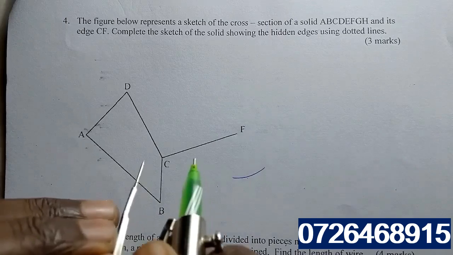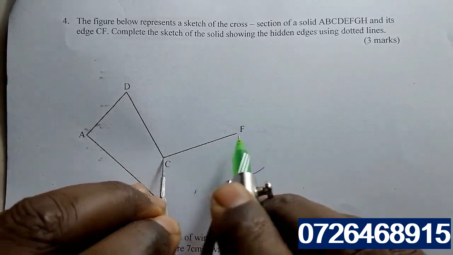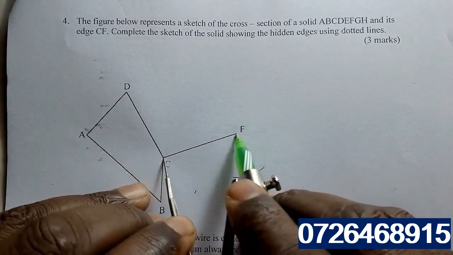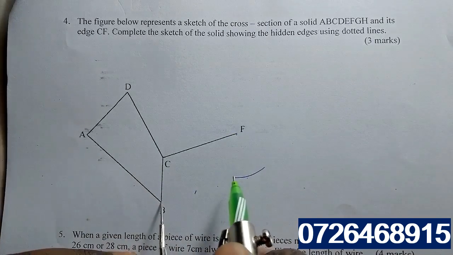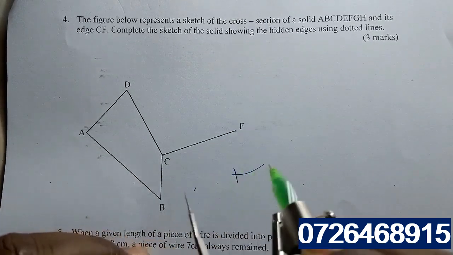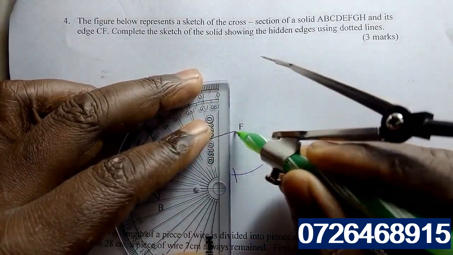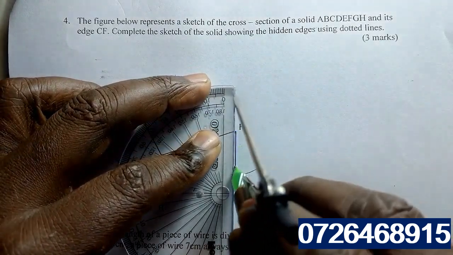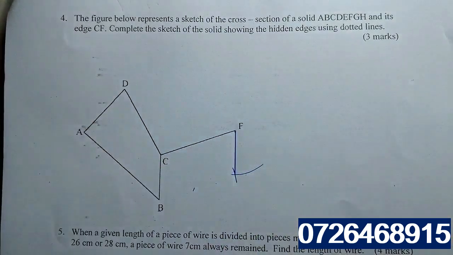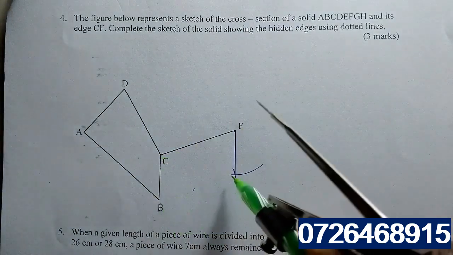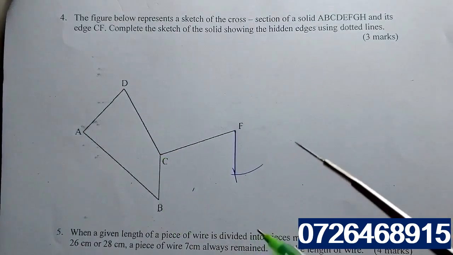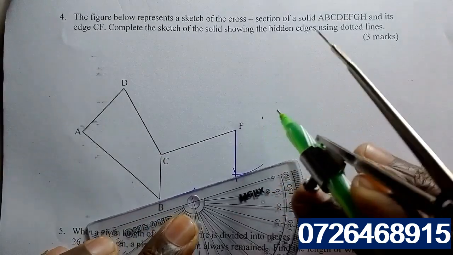Kwa hivyo take this length here, put it here and mark here. So meaning from here it can, tunamaliza hiyo. Hii unasimama pale, unasimama hapa na unajoin na story inaisha. Hii na hii zinatoshana. Sawa? So weka rula yako hapa.